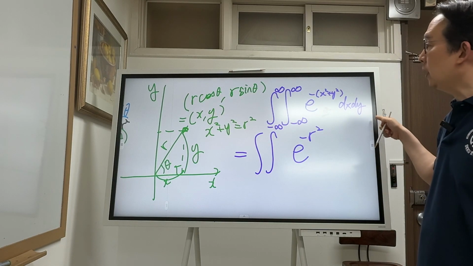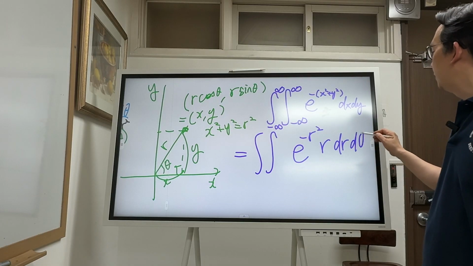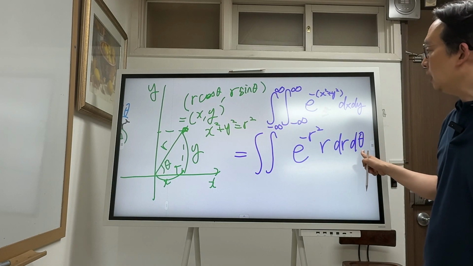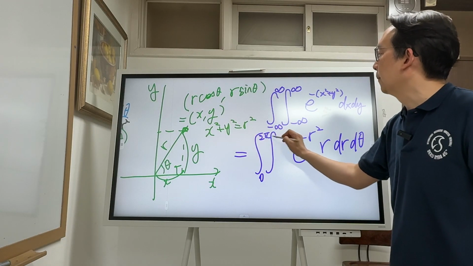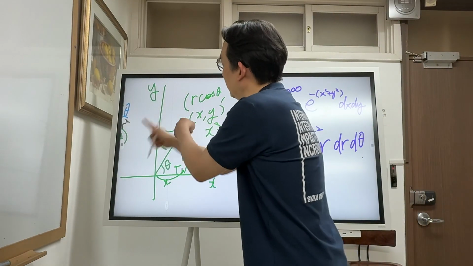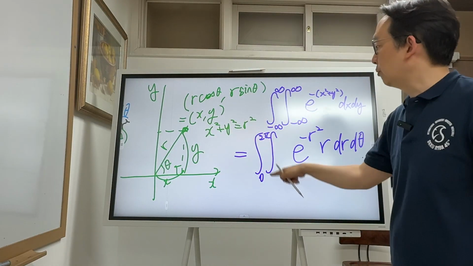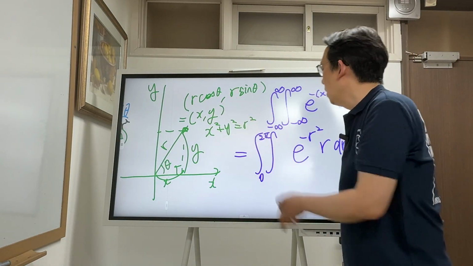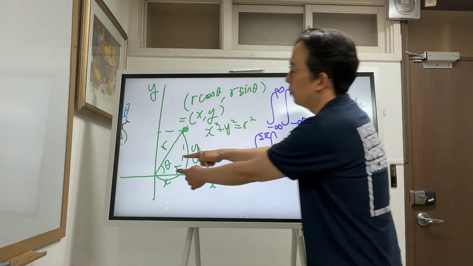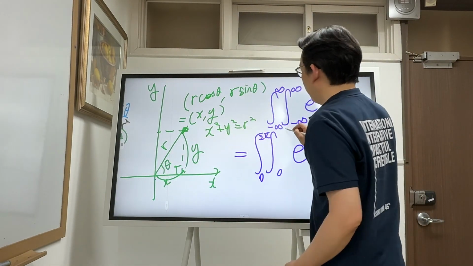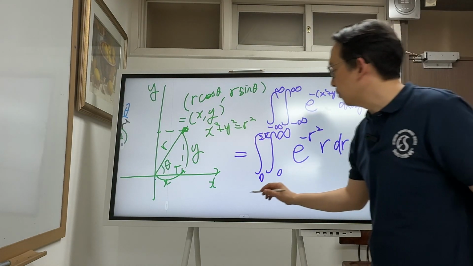And then dx dy should be changed into r dr d theta. The theta should be changing from 0 to 2 pi, because it's the angle world, and all you have to do is take one round. And then r has to be from 0, from the origin, to infinity. Make sense?